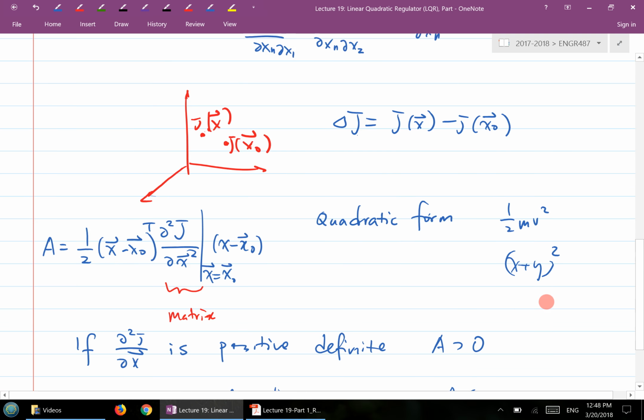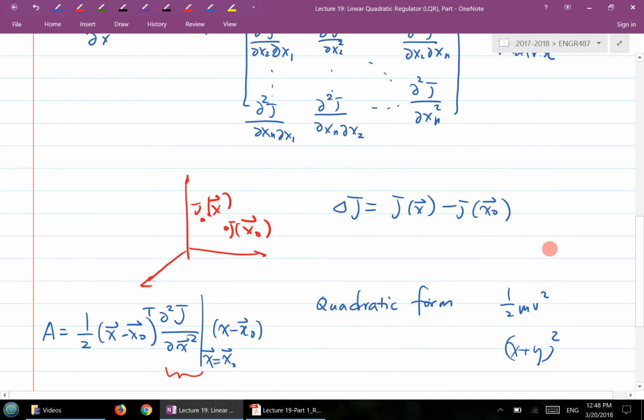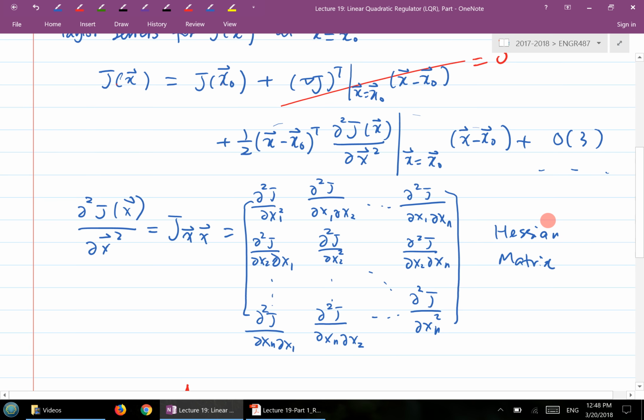So you can imagine if you have a positive value here, meaning this minus this yields a positive value, then x0 must be what type of position? If this whole thing is positive, then x0 must be a minimum location.